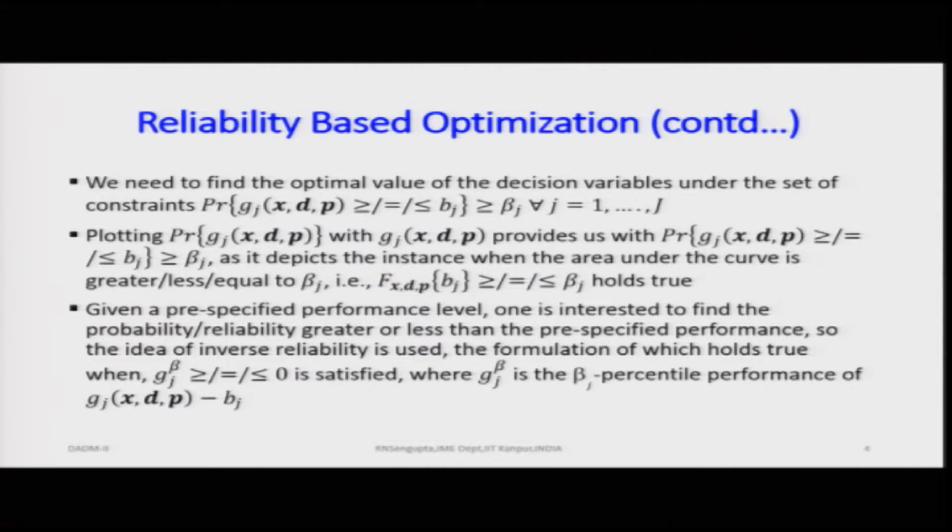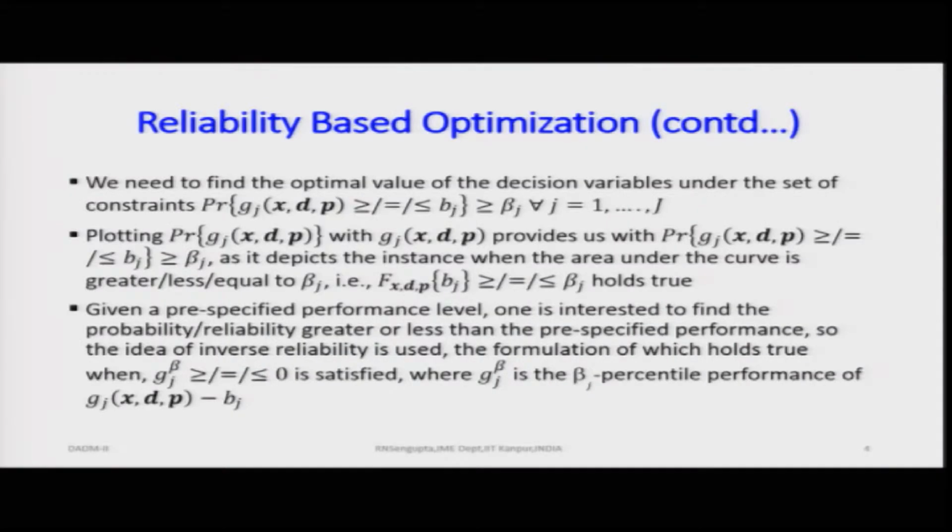Now, how we are going to do it? This is the conceptual framework based on which I discussed how you can think or visualize, but technically you need to have a method. So, we need to basically find out the optimum values of the decision variables.